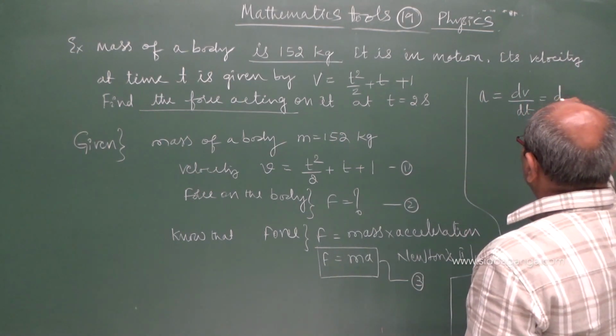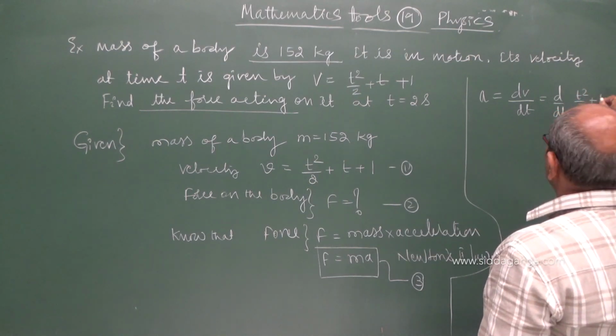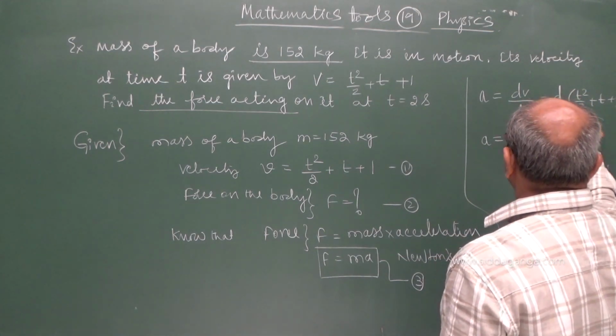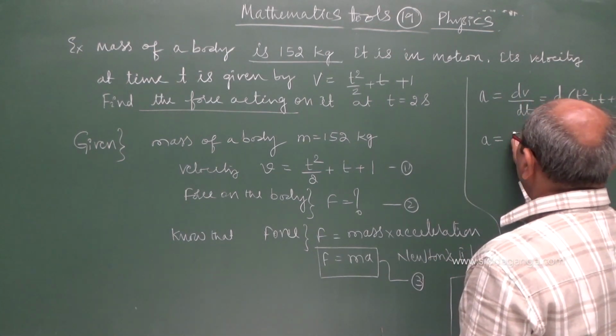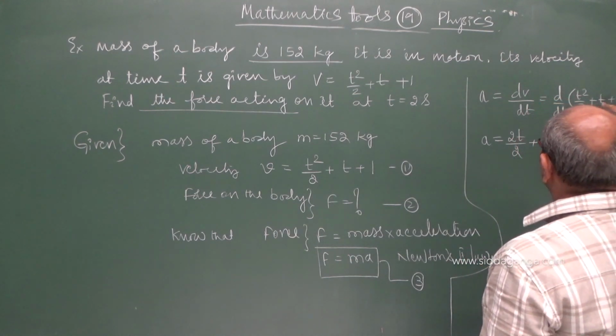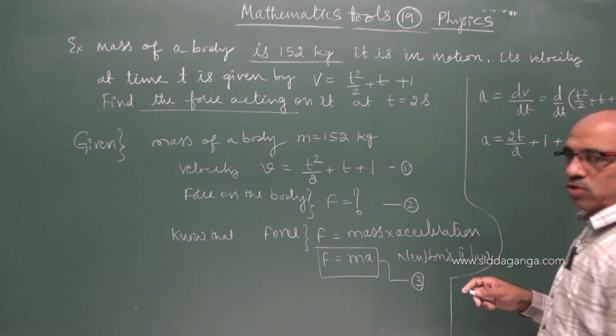So this is equal to d by dt of t square by 2 plus t plus 1. When differentiating this, t square gives 2t by 2, plus the differentiation of t is 1, plus the differentiation of the constant is 0.